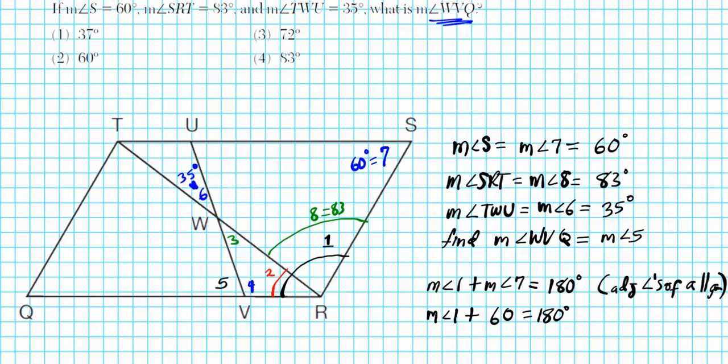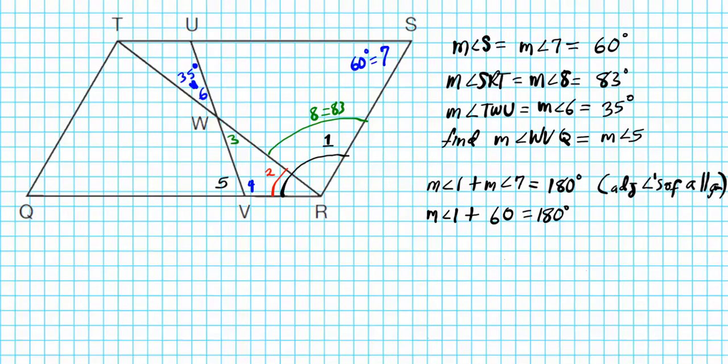All right, that's just by substitution. Now to get the measure of angle 1, I'll simply subtract 60 from both sides. And I'm left with the measure of angle 1, which is 120 degrees. Okay, now we're getting close. So this entire angle right here is 120 degrees.